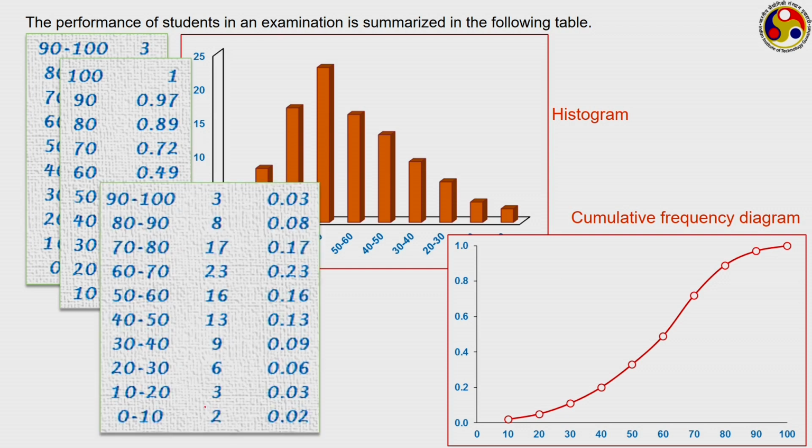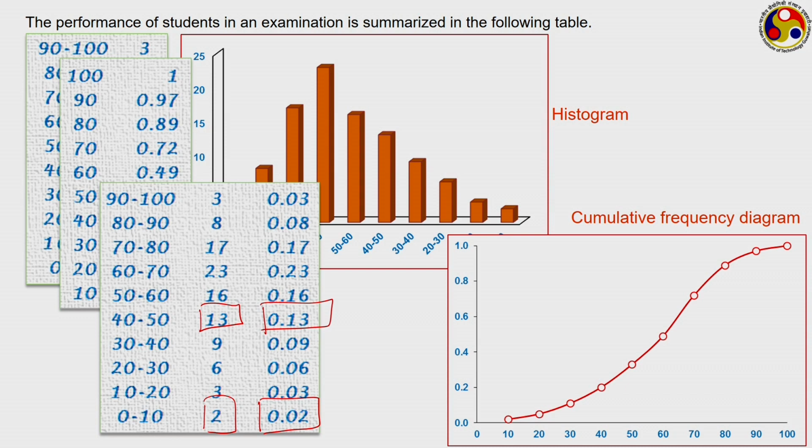Like here, there are 2 students in the bottommost group, and this is the percentage appearing there. Here we have 13 students appearing in the group 40 to 50, and that refers to 13% of the total data. So, the values given in the third column represent the frequency of a student appearing in the corresponding interval.